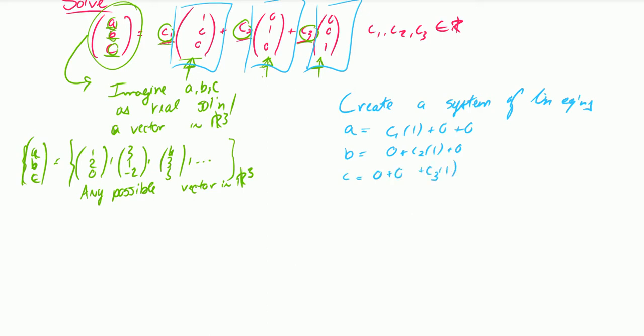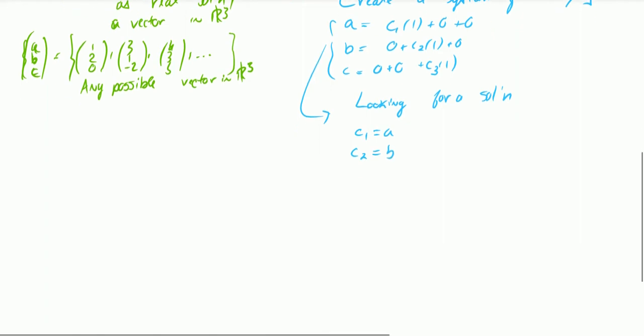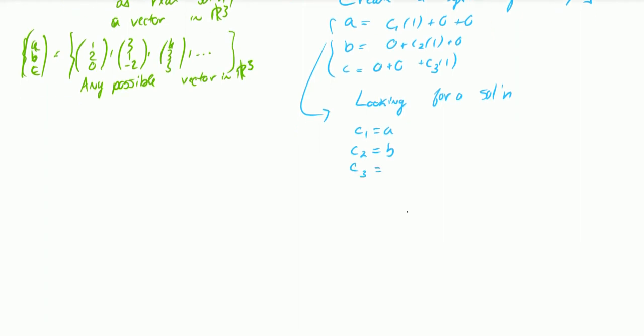So the only thing I'm doing here is looking for a solution. I'm just trying to see if it's possible to express C1, C2, C3 in terms of A, B, C. Well, in this case, clearly you can, because C1 is A, and C2 is B, and C3 is C.